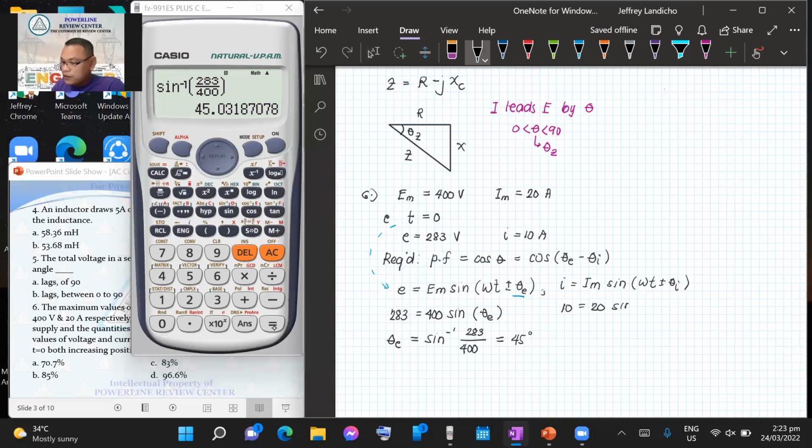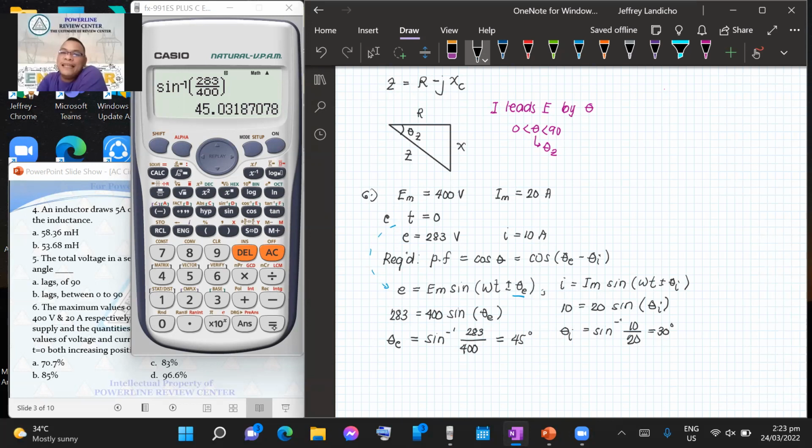Kailan ako sa instantaneous at time equal to 0. So maiiwan na lang is the value of our phase angle of the current. So you may compute now theta sub I, it is just simply equal to what? Arc sine of 10 over 20, which is equivalent kanina, 30 degree. So parehas silang positive.